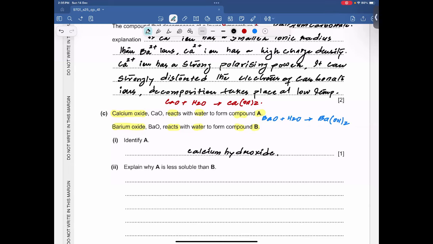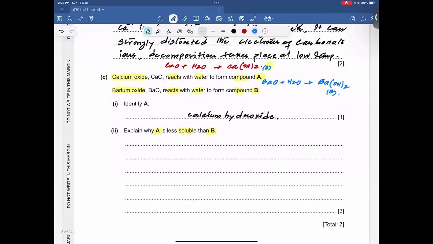All right. Now, the next part of the question is why A is less soluble than B. So why is calcium hydroxide less soluble than barium hydroxide? In other words, you can also say, why does the solubility of hydroxides increase down the group? So this is compound A and this is compound B. So first of all, down the group, charge density decreases, which is why the lattice energy of calcium hydroxide is greater than barium hydroxide.